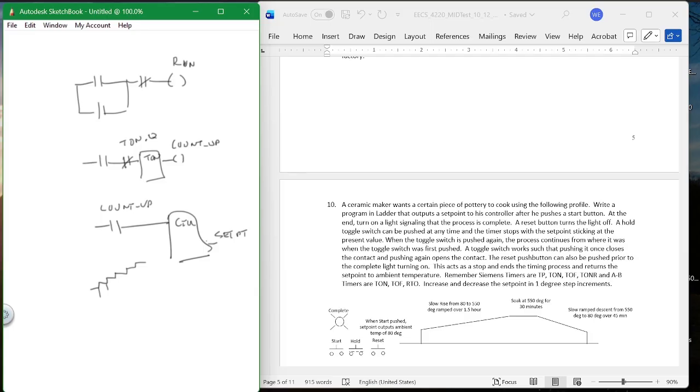So here, we're counting up until you get to a certain point. And at that point, you stop, and you set another bit. So, in other words, when you get to a certain point, you say, I'm done ramping up. I'm done going up.